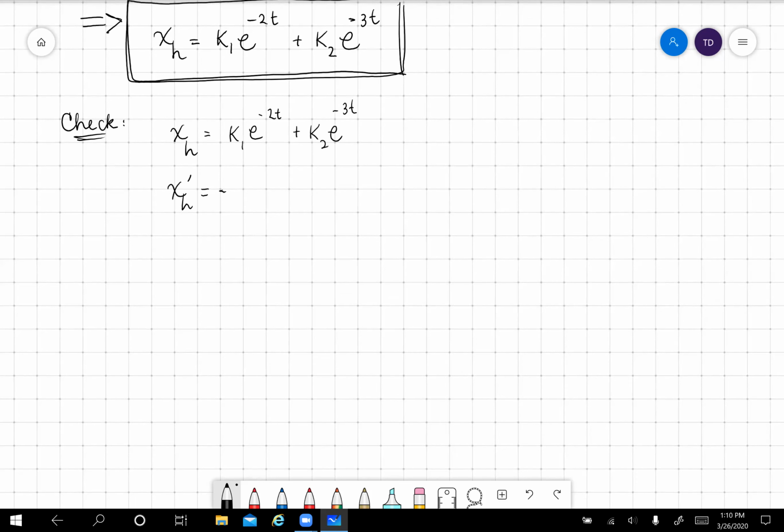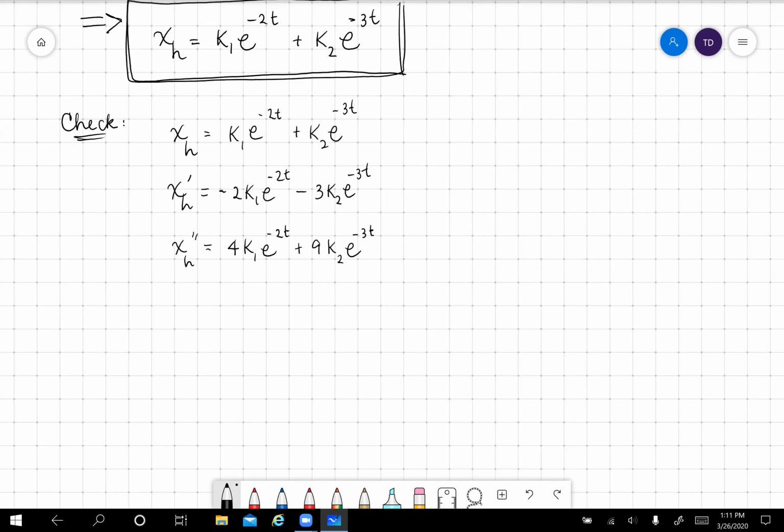First derivative, -2K1 e to the -2t minus 3K2 e to the -3t. And I need its second derivative. Again, every time another -2 is going to come down. That's going to turn that into 4K1 e to the -2t plus 9K2 e to the -3t.